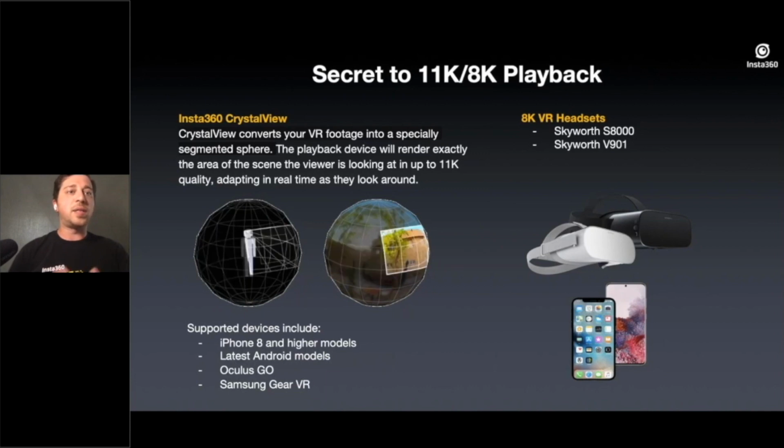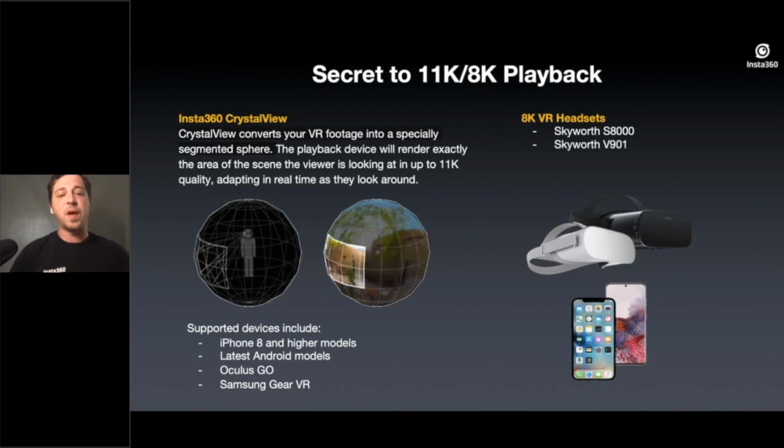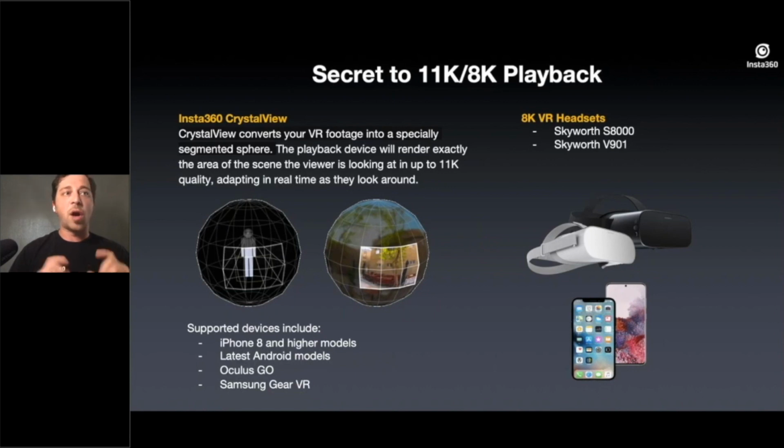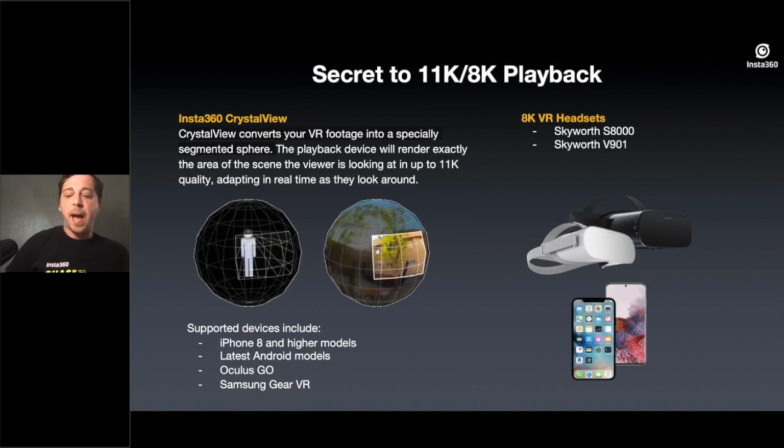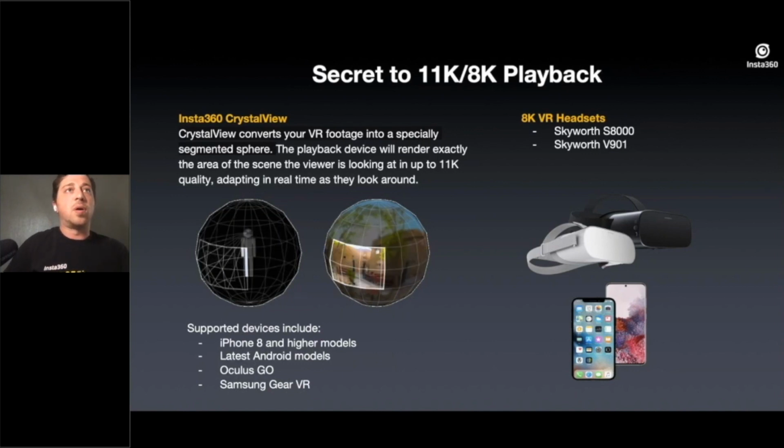Now, with Insta360 CrystalView, this is a technology that we developed a few years ago that'll actually convert your ultra high resolution content into a playable file that you can put onto a regular headset, like an Oculus Go or a Samsung Gear VR. What happens is, you'll go back to our stitching software, and there's a convert CrystalView option here at the top left.